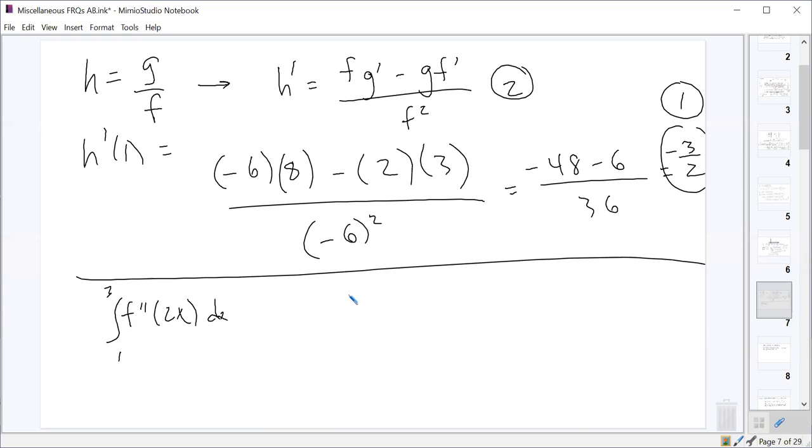We're going to have to do a u substitution, right? So u is going to be 2x, du is going to be 2 dx, which means we'll put in the 1/2 on the outside and the 2 on the inside. Those will cancel each other out, but not really, because the 2 is going to disappear with the dx, and we'll end up with 1/2 of the integral from where to where?